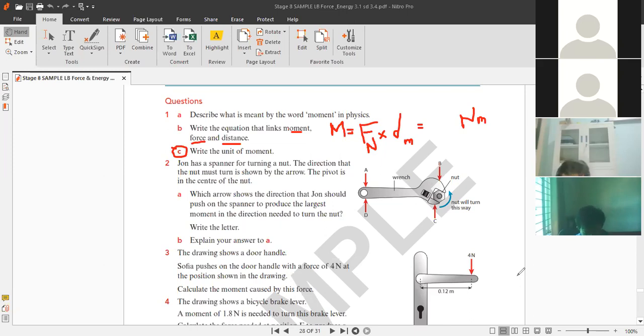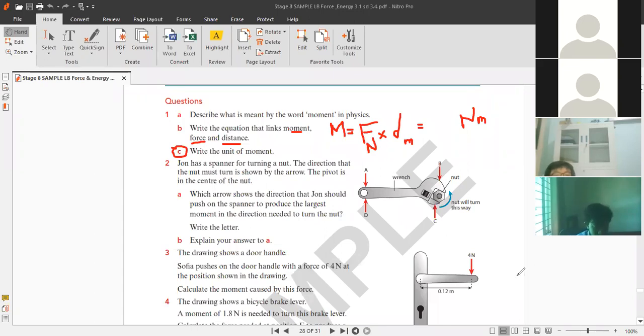John has a spanner for turning a nut. The direction that the nut must turn is shown by the arrow. The pivot is in the center of the nut. Yeah, okay, like this. And then the nut will turn this way with the blue arrow.